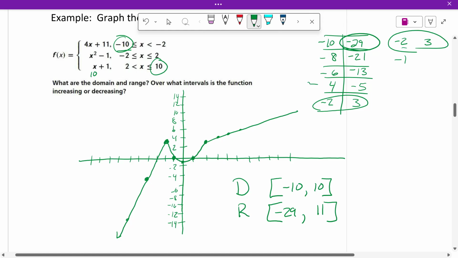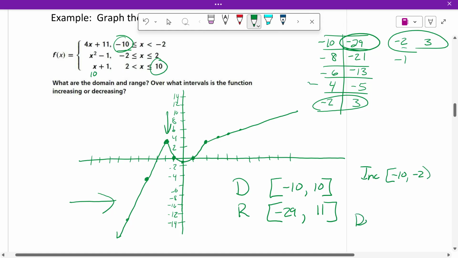Domain, range. Increasing. It's going up until we hit this number right here. So it's going up until we hit negative 2. So it's increasing from negative 10 up to negative 2.